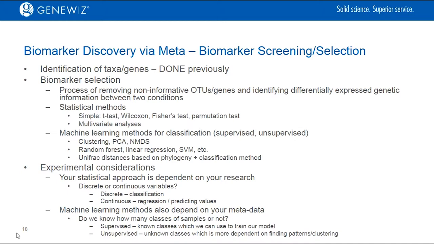Machine learning methods like random forest, linear regression, or SVM, support vector machine, can be powerful techniques to find features unique to a condition, which then can be explored in biological tests in the lab for validation. Some of the packages in R that can be used for differential expression are DESeq2 and edgeR, which are very commonly used if you do this type of work.